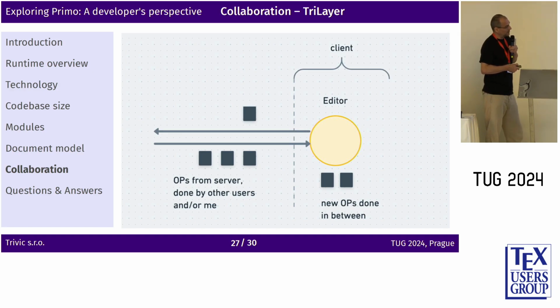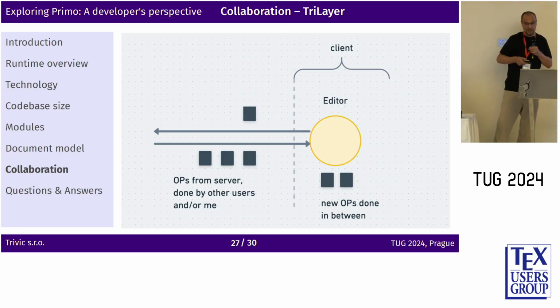Then we transfer the server layer to the temporary layer. They are now identical. Then we apply these operations on the temporary layer. And finally, we transfer the temporary layer to the main layer. And the observers are fired and UI is updated.